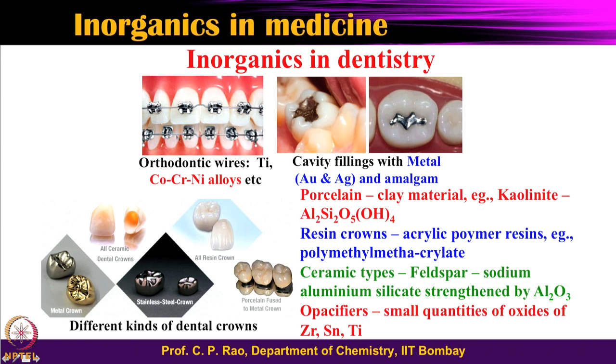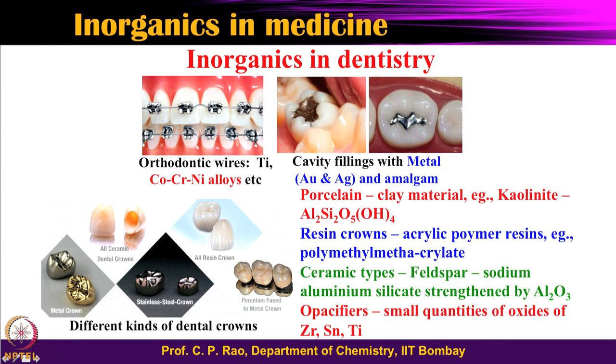They are also used in making a large number of caps, etc. The cap part will come in a while, and you can also use fillers in the cavity. The dental cavities are filled with metal, like gold, silver or amalgam kind of things. These things can be used.